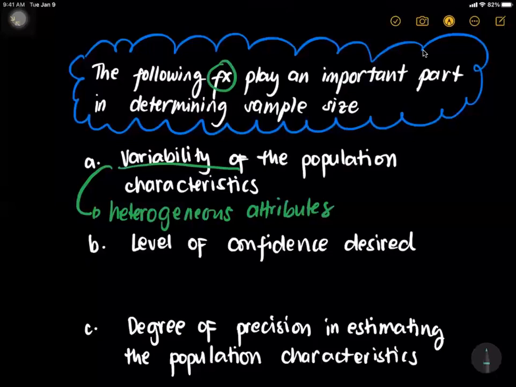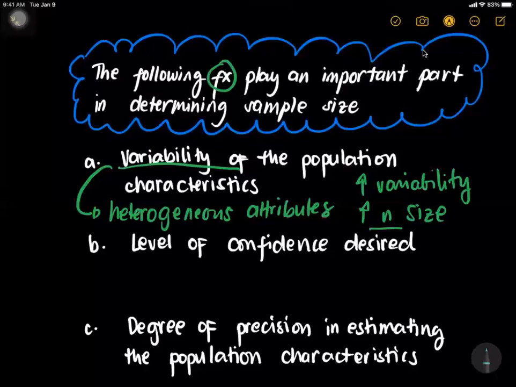Because the higher the variability, all right, remember this class, the higher is your sample size as well. So the small letter n is a statistical symbol for sample size. So we might be using that in this lecture.